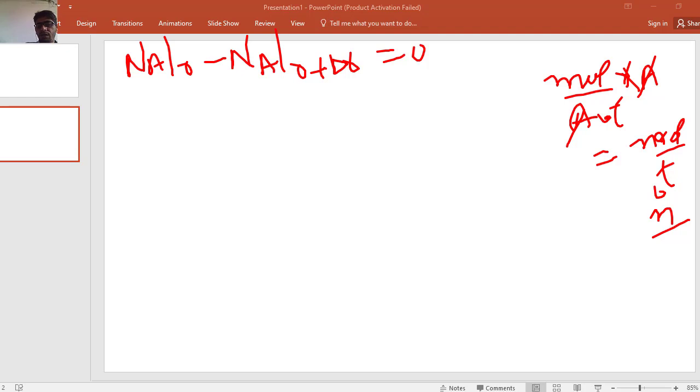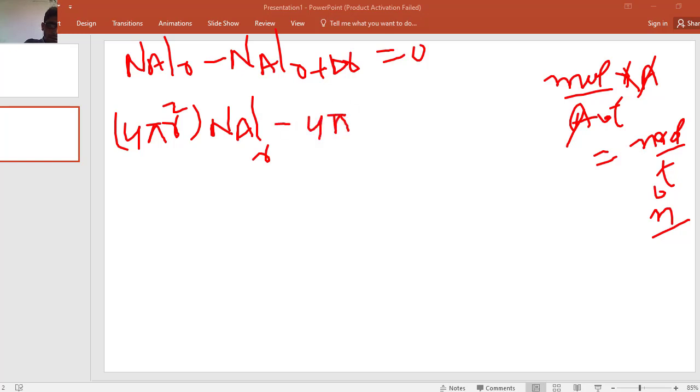In this case the spherical system is used, so we will use the area of the sphere, 4 pi r square. NA, which is the molar flow rate at point R, minus the molar flow rate at point R plus delta R coming out from the stationary layer.